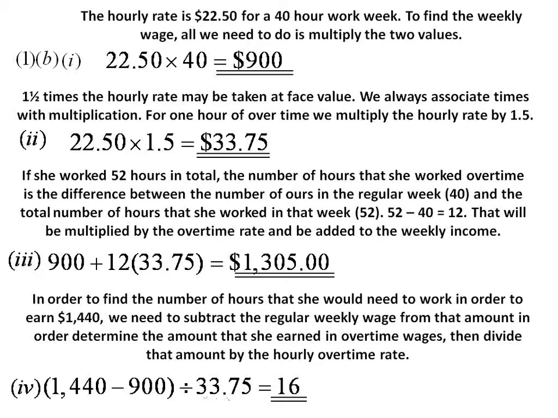What we could have done also, we could have found the difference between this and the 1,440. Then we would divide that by $33.75, and after doing that, the result would turn out to be just 4 hours. Therefore, with the 12, the 4 hours will turn out to be 16 hours. So we could have taken that approach also.